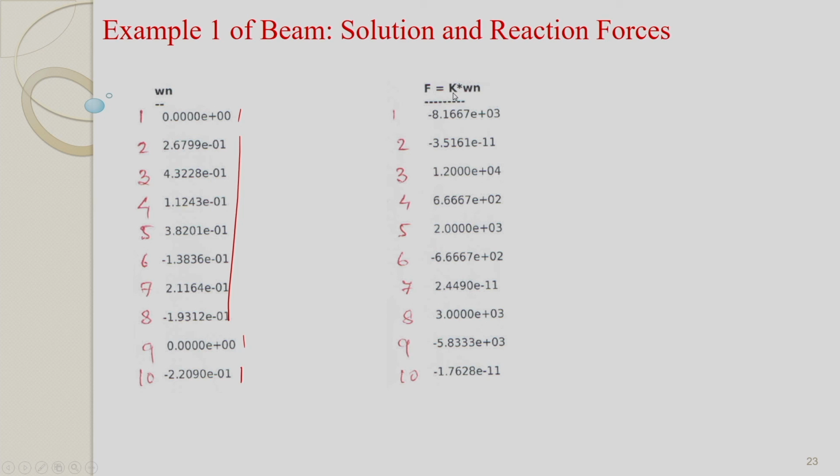That is K, the 10 cross 10 global stiffness matrix before imposition of boundary conditions.